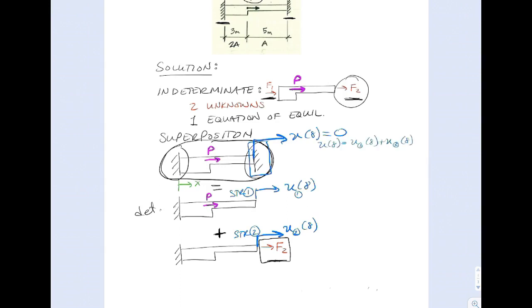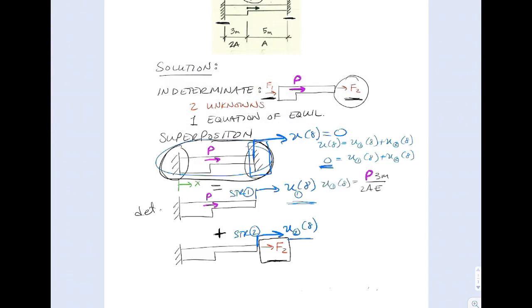So U of 8, by the principle of superposition, the actual is equal to the summation of structure 1 and structure 2. I pick the point 8 meters from the wall because I know the deflection, or the movement in the horizontal direction, is 0. So I have a constraint equation. All I need is the deflections in the axial direction, both in structure 1 and in structure 2.